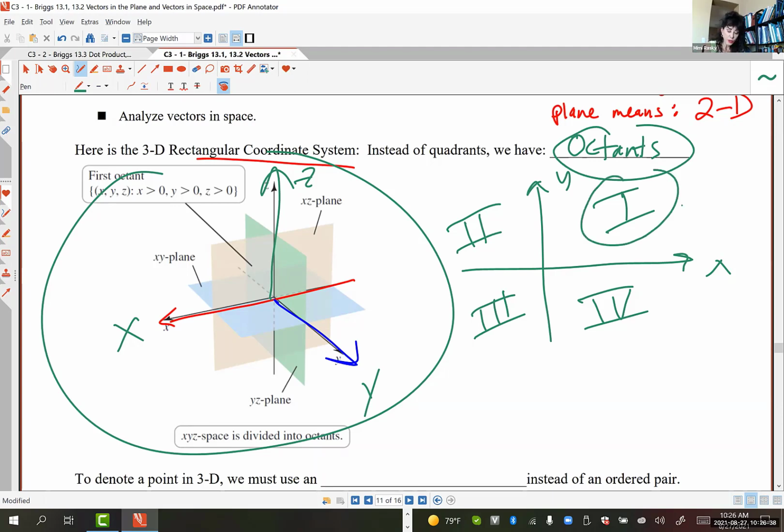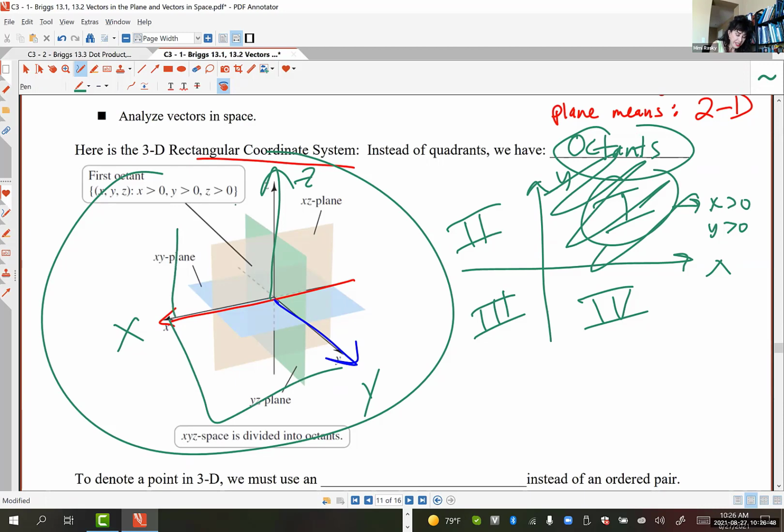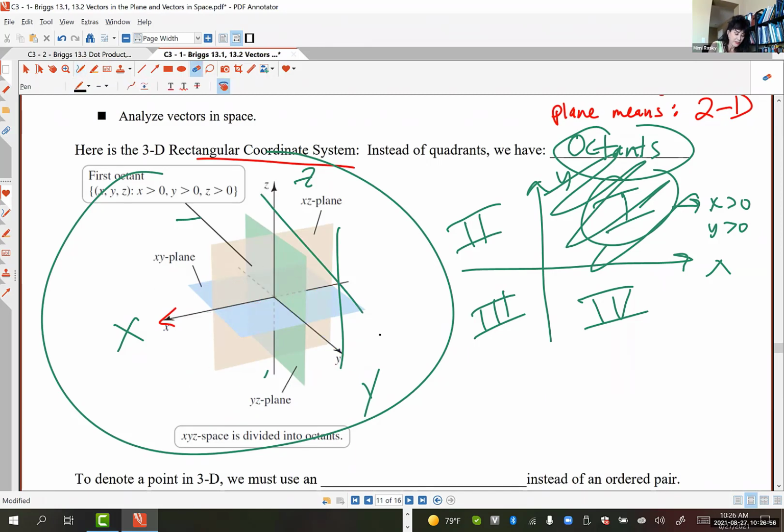You remember quadrant 1 is where both X and Y are positive. In octant 1, which is kind of coming out of the page here, it's right here. It's where your X, Y, and Z coordinates are all positive. That's the first octant.